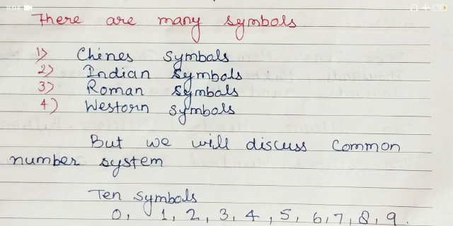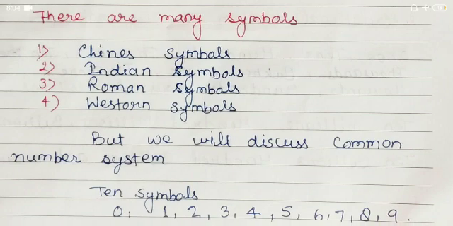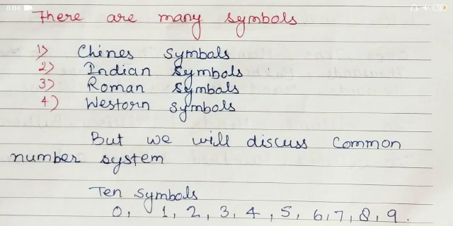They are as follows: 0, 1, 2, 3, 4, 5, 6, 7, 8, and 9. Each is called a digit.